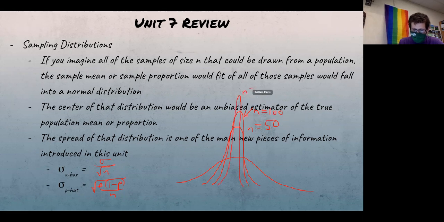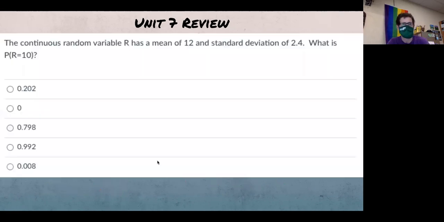Maybe this is n equals 250. So what we're saying is that with the big sample size, the probability that you get a sample result that's far away from the population mean is less and less likely. Okay, just a bunch of review concepts right there.